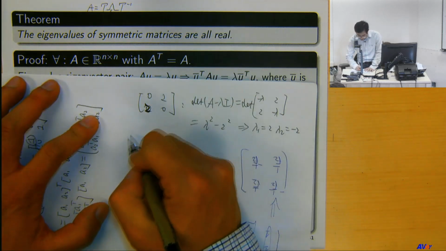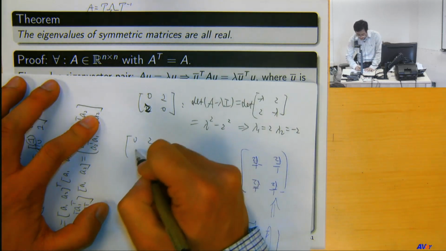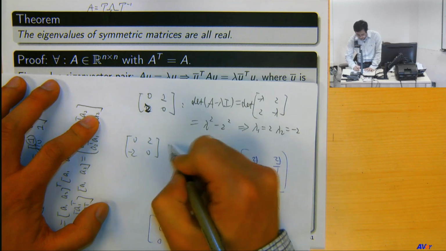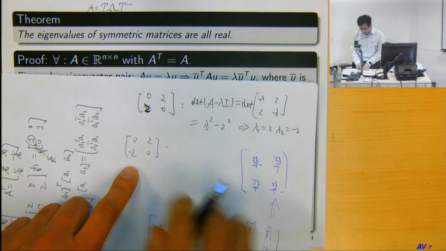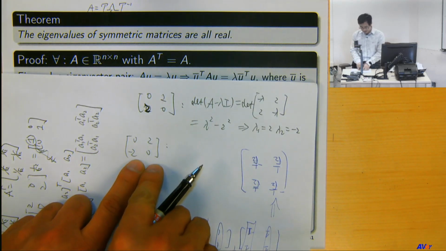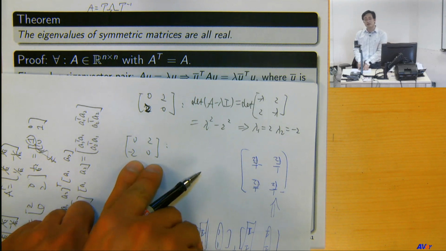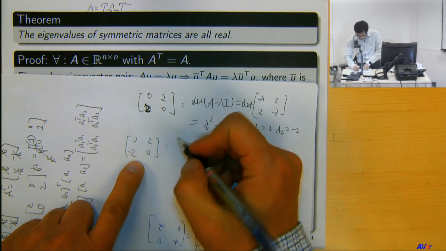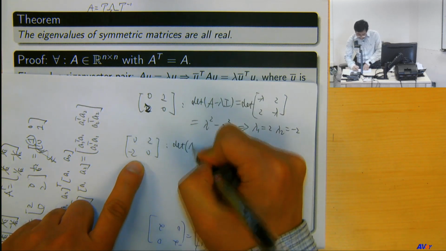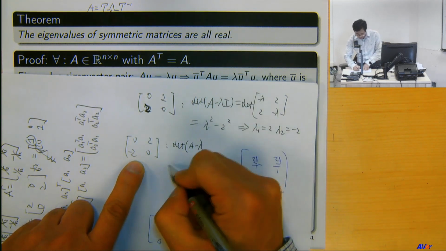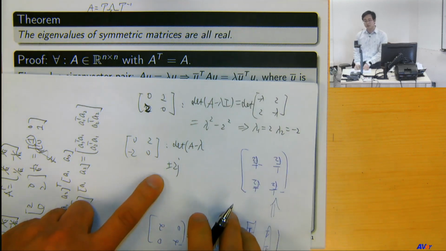It's different if it's not symmetric. Let's say it's 0, 2, negative 2, 0. We talked about something similar to this previously. The eigenvalue of this one, anyone remember how it's going to look like? 2i, right? Plus minus 2i.